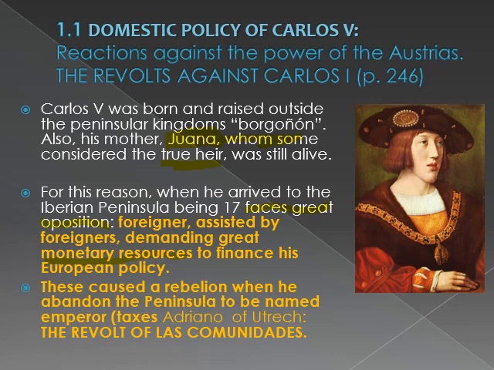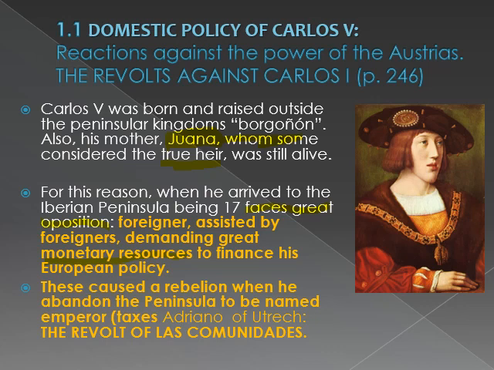This is going to cause a rebellion, because he abandoned the Iberian Peninsula to actually be crowned emperor. He leaves as regent, that person that is governing in his name, Adriano d'Utrecht, a foreigner. So a foreigner, assisted by foreigners, he doesn't even speak Castilian.